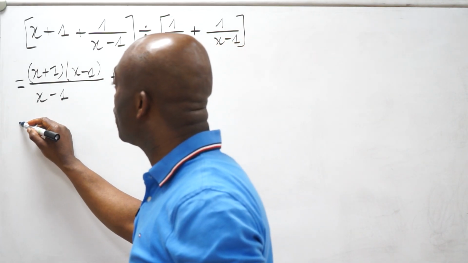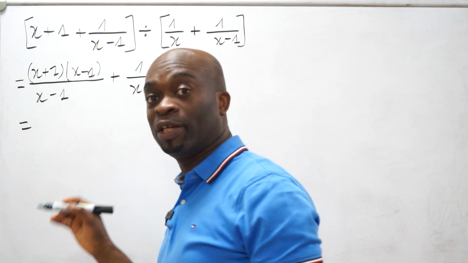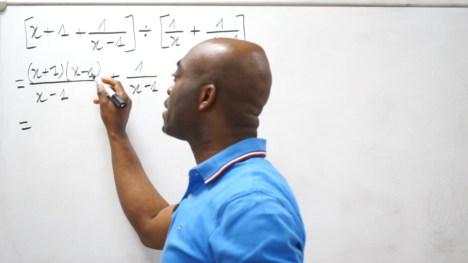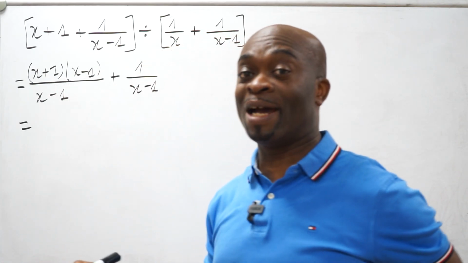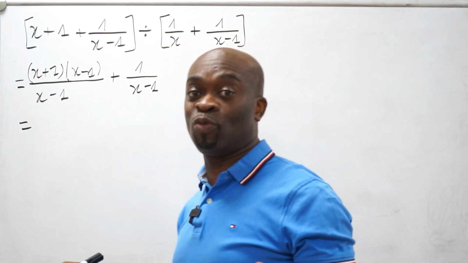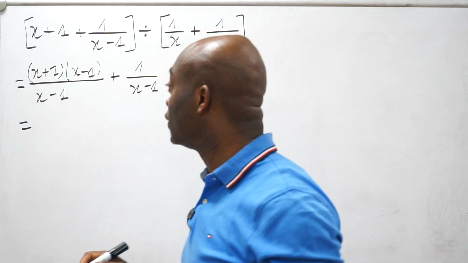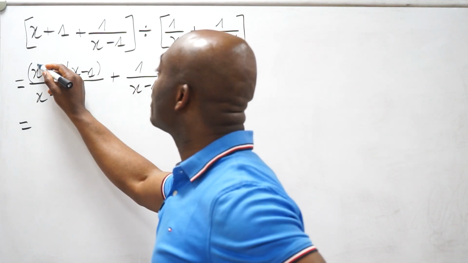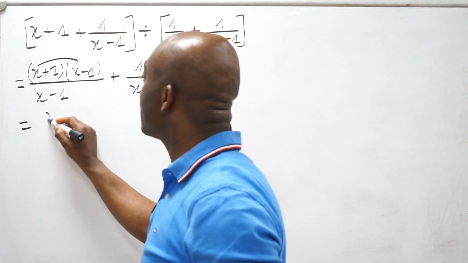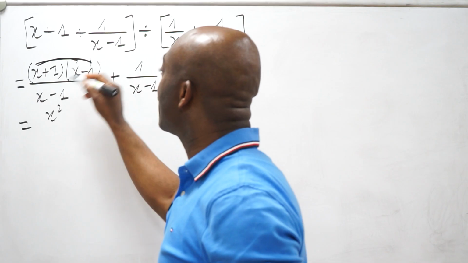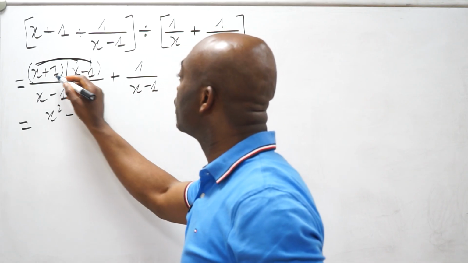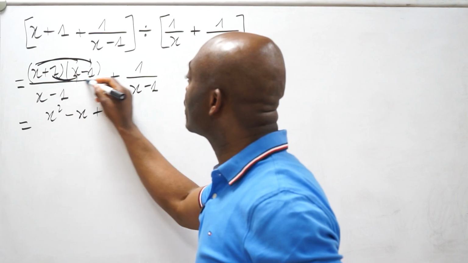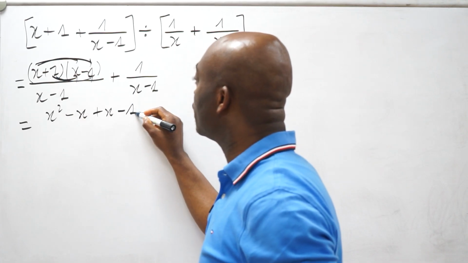So this is equal to what? We're taking the first one and working on it. When you multiply (x + 1) times (x - 1), by now we should know it, right? That should give us x squared minus 1, because that is x times x, which is x squared, x times negative 1, negative x, 1 times x, plus x, 1 times negative 1, negative 1.